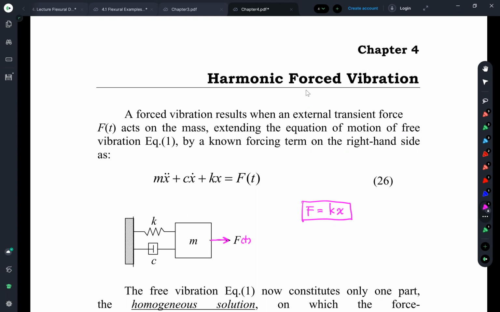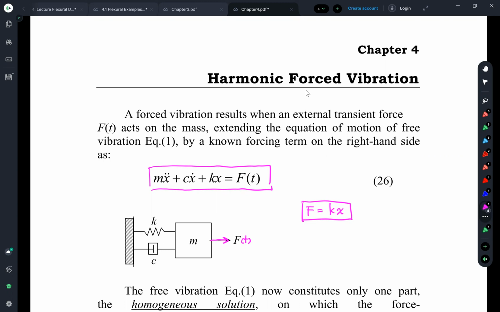But in a more general form, we know about the dynamic equilibrium already, and the dynamic equilibrium takes the form like this. When the force F is a general force of time t, it can be both static and dynamic, for sure.